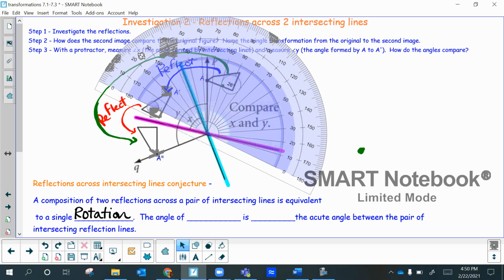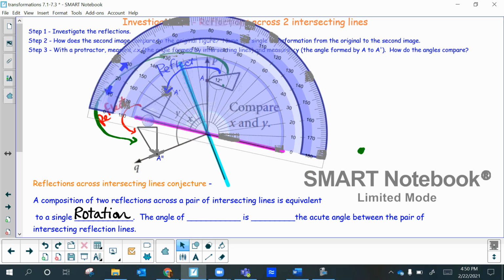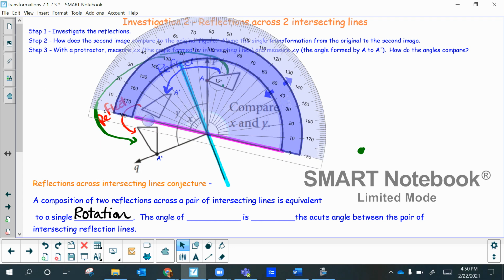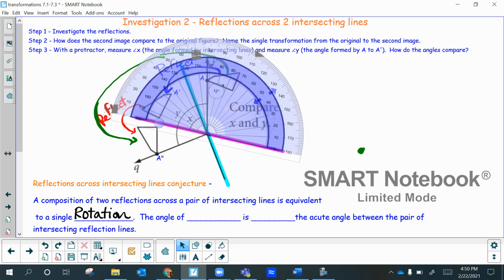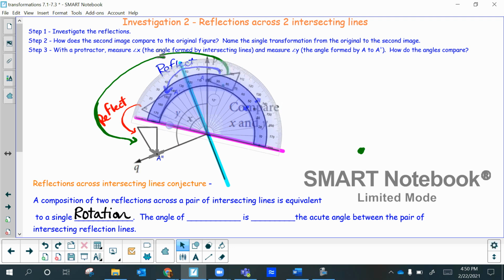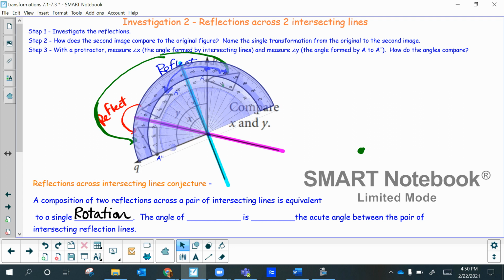So I'll measure angle X first. It looks as though angle X could be about 57 or 58, so around there. And then now let's measure from A to A double prime.